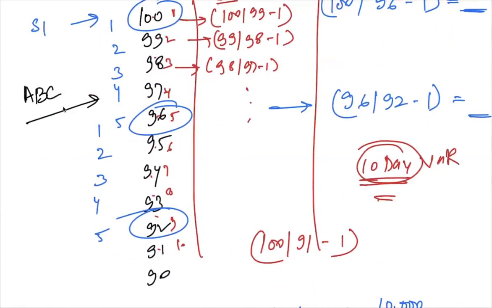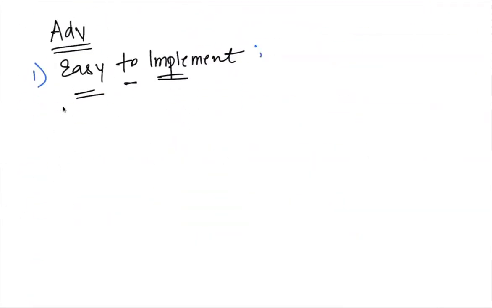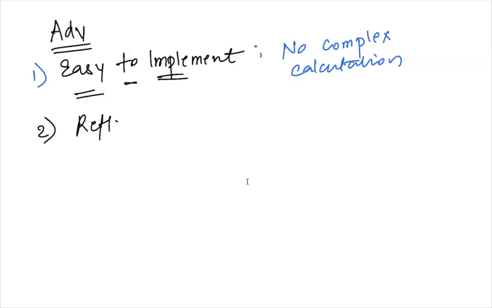That's why we say that the historical method is way too easy to implement, because there's no complex calculation. So this is the first advantage. Second is it reflects market realities.